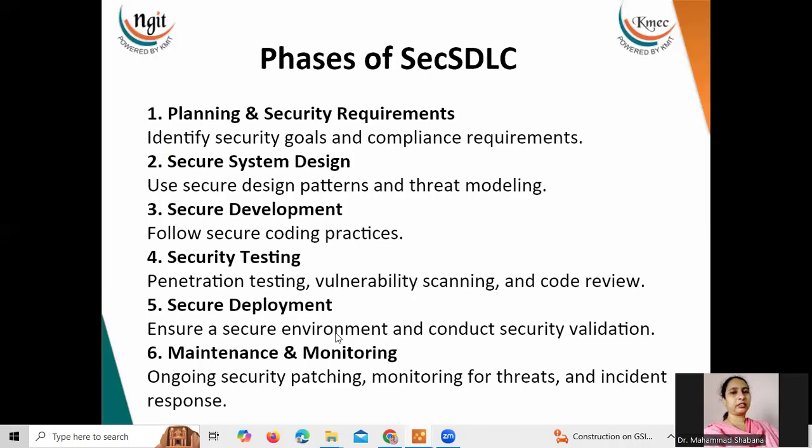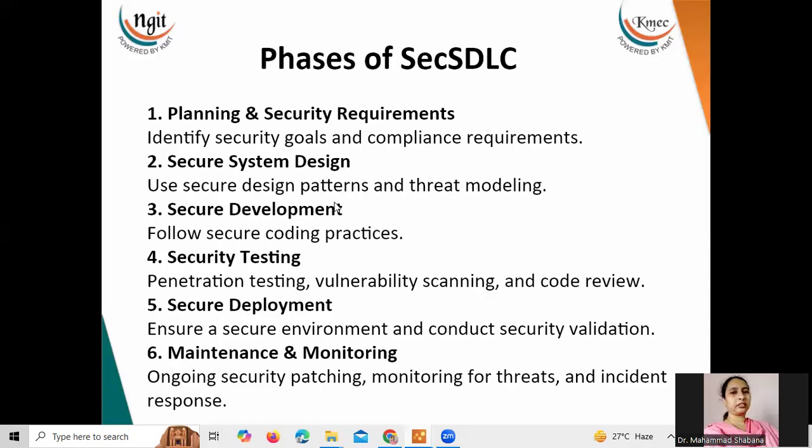Let's break down the secure SDLC process. In the planning phase, security requirements are outlined. In the design, we implement secure design principles and conduct threat modeling.